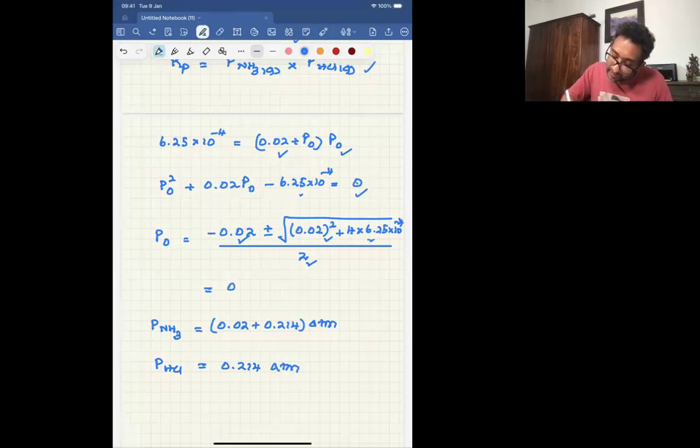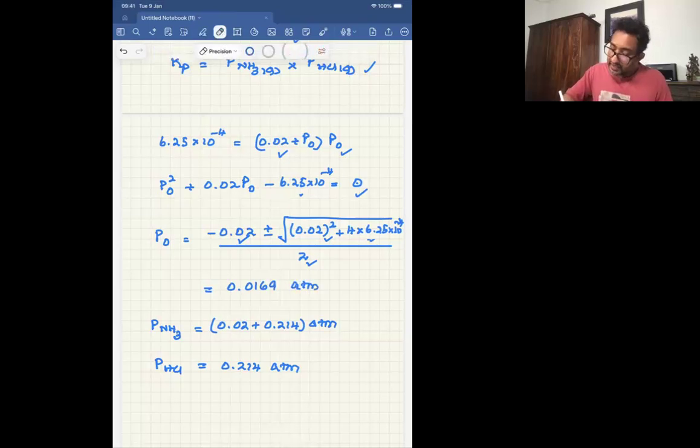That gives 0.0169. So that is P naught. P naught is 0.0169.